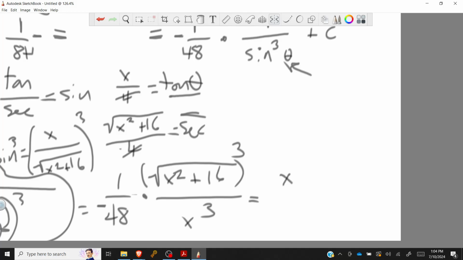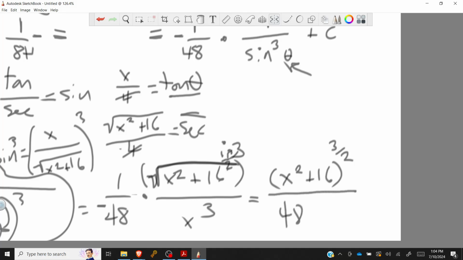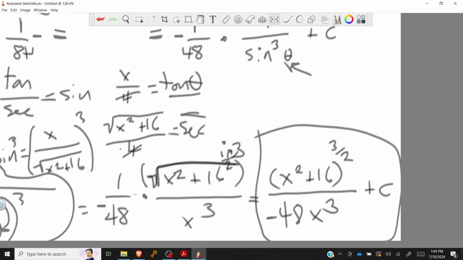And I will write x squared plus 16 to the power of 3/2. The square root sign is a 1/2. And when you have an exponent to the power of another exponent, you can just multiply them. So 1/2 times 3 is 3/2. This is going to be over negative 48 times x cubed plus c. So that is the final answer for that question.